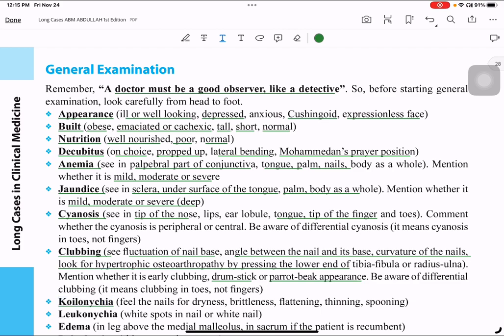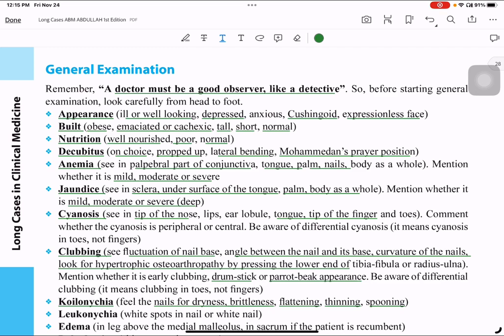Koilonychia. Koilonychia is dryness or brittleness of the nail. Sometimes it looks like thinning and spooning. So it is characterized by dryness, brittleness, flattening, thinning, and spooning of the nail.